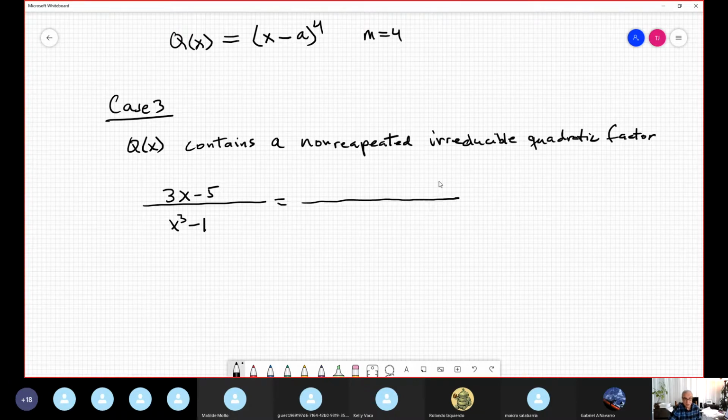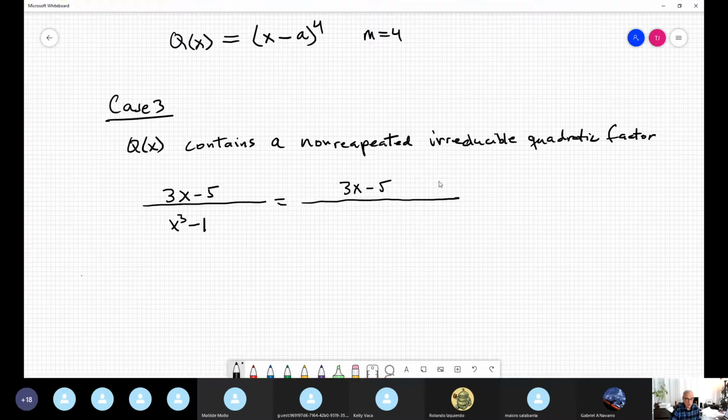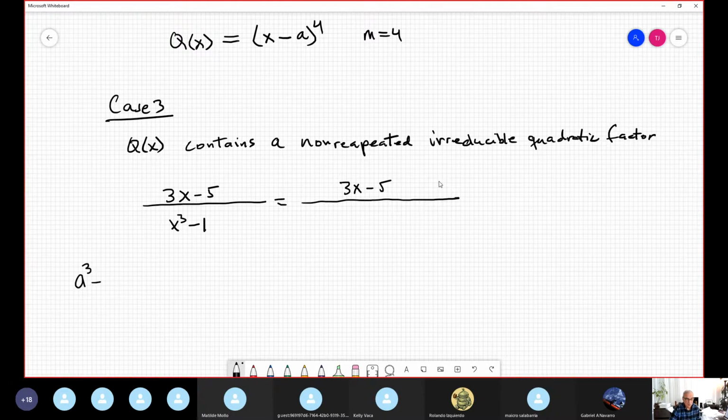I copy 3x minus 5 on the top, and you factor this expression. I remember this looks like a difference of cubes, and the formula for the difference of cubes is a minus b times (a squared plus ab plus b squared). By the way, this formula is studied in intermediate algebra.